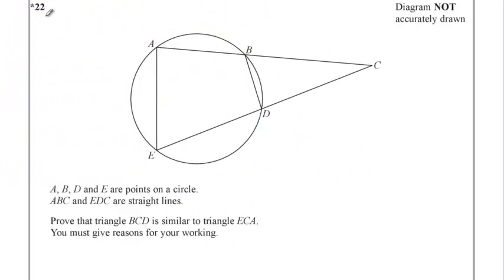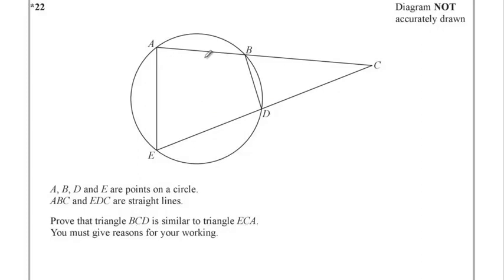Question 22. A, B, D and E are points on a circle. That's our cyclic quadrilateral. ABC is a straight line and EDC straight lines. Okay. Prove that triangle BCD, that's this one here, is similar to triangle ECA.